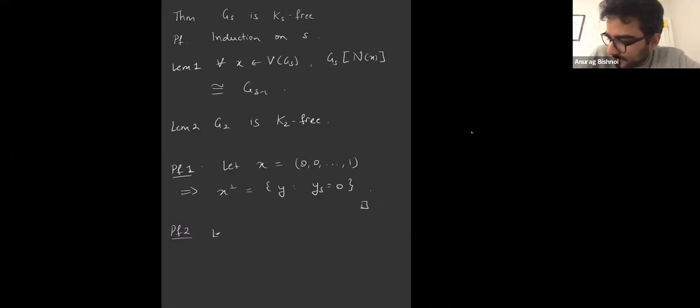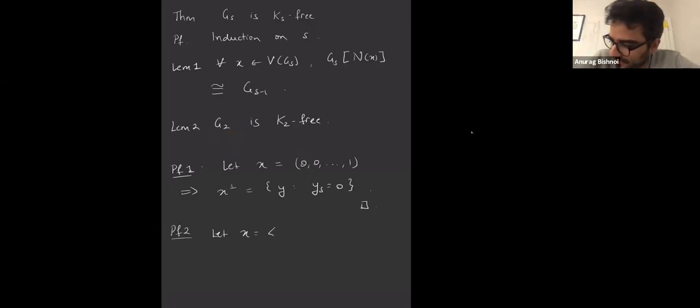So let x be a point. I want to show that the graph G2 has no edges. So I'll pick an arbitrary point of the graph and show that there is no neighbor there. I could have actually used vertex transitivity here as well, but let's prove the base case from first principles.